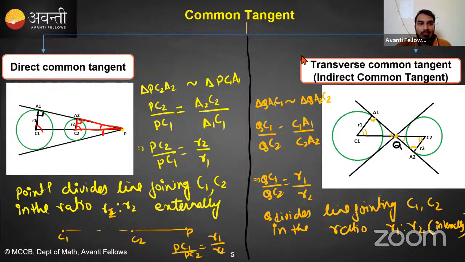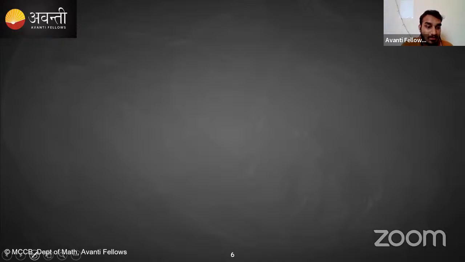If it is clear, then you see this same concept we have already seen in the straight line chapter, where we talked about the harmonic conjugate. Do you remember?